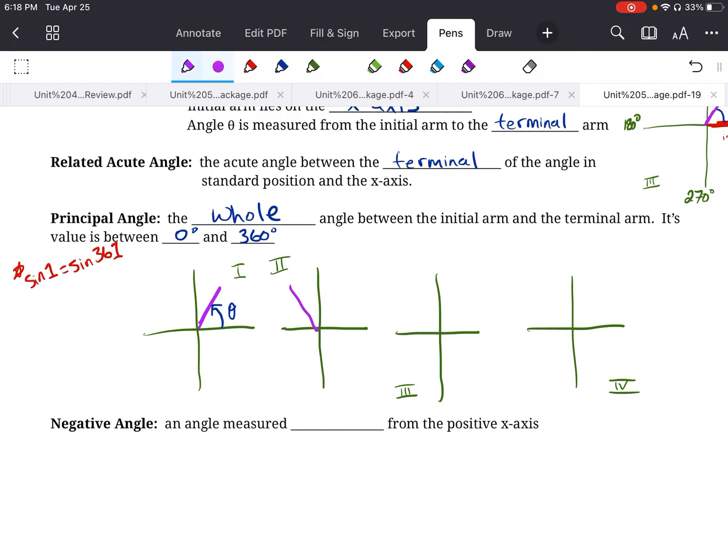In quadrant 2 is your principal angle. Quadrant 3. So you can see the principal angle is the angle starting at 0 degrees and goes all the way to your terminal arm.